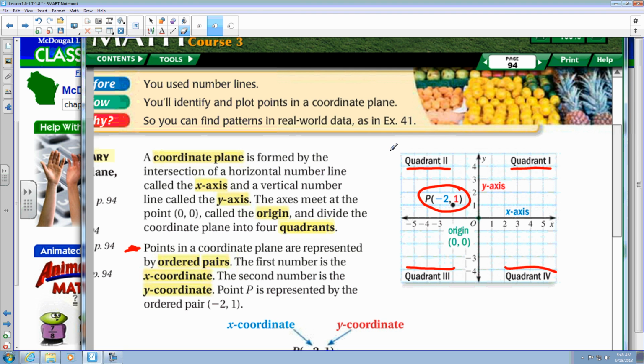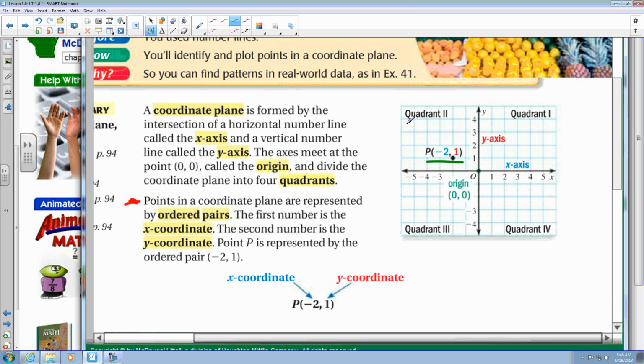If you look closer into point -2, 1, you find this. In order to find it, first you have to look at the point from left to right of the origin.